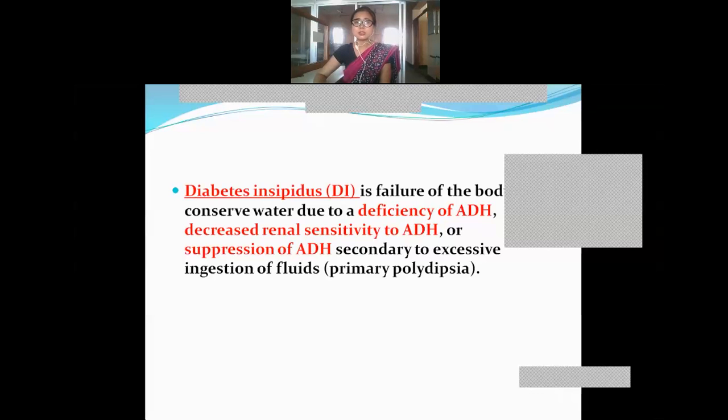Means the kidney is not utilizing the antidiuretic hormone produced by the pituitary gland, or there may be suppression of antidiuretic hormone. When does the antidiuretic hormone get suppressed? When a person takes too much fluid, then the antidiuretic hormone will get suppressed.